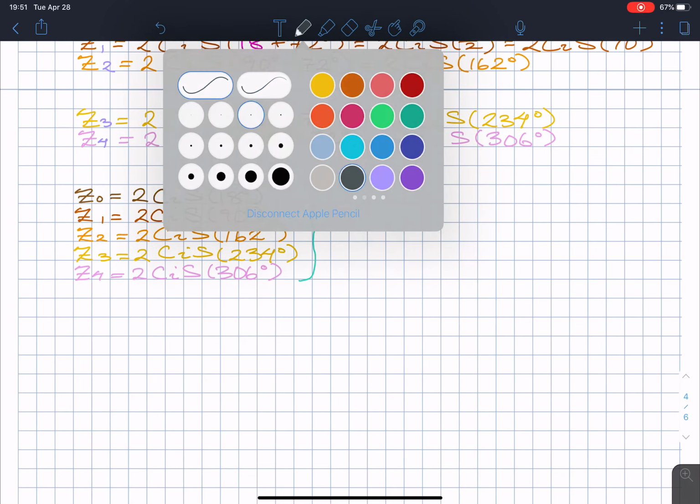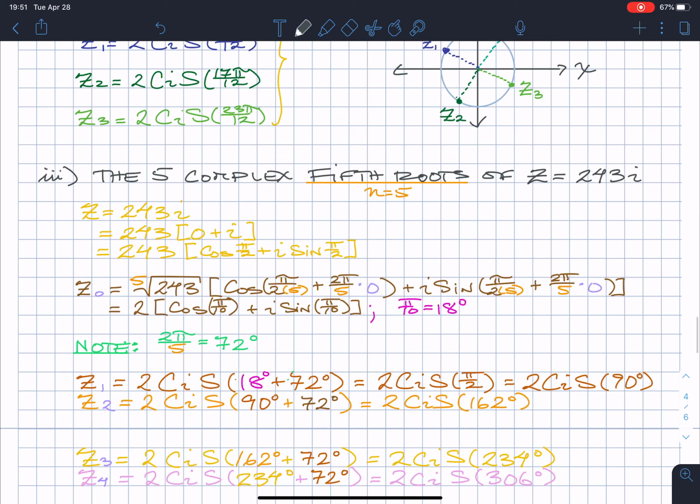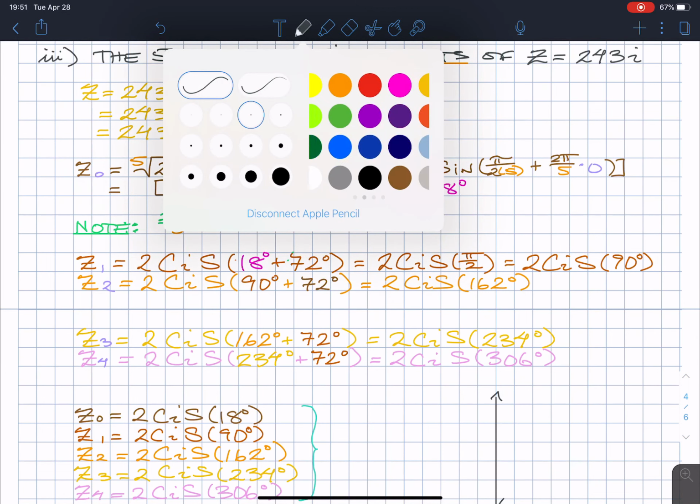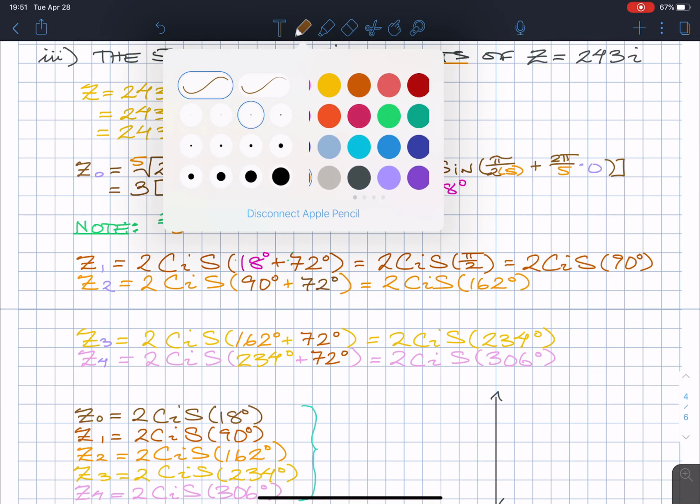So let's look at the x and iy planes. Oh, the fifth root of 243 is not 2. Oh my goodness, I must be too tired. I changed it from 2 and then forgot to change it in my head.